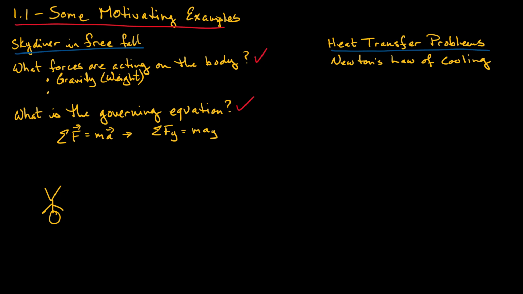We also know that objects that are going through a medium such as air will encounter friction, or as we know, we call this air resistance or drag. And we're going to assume that the drag force is proportional to the instantaneous velocity of the skydiver.